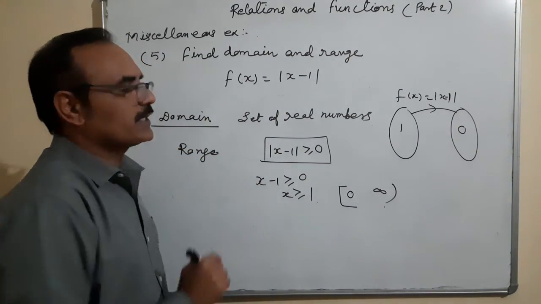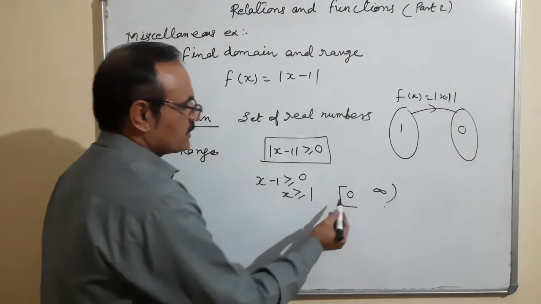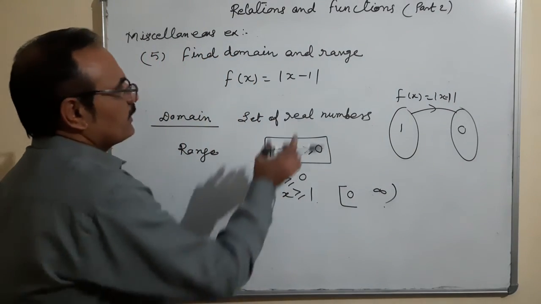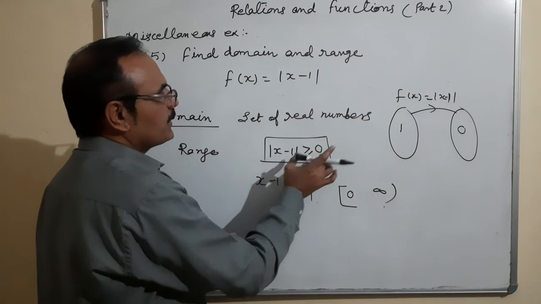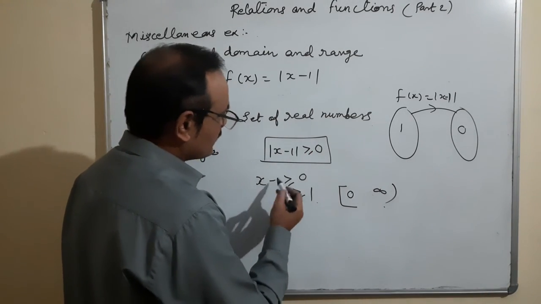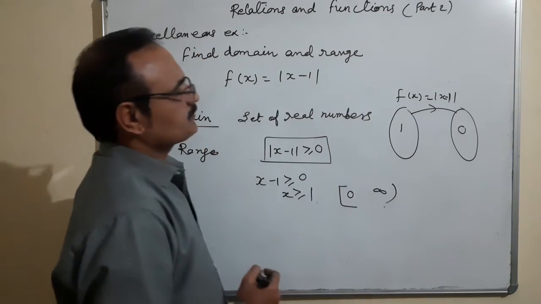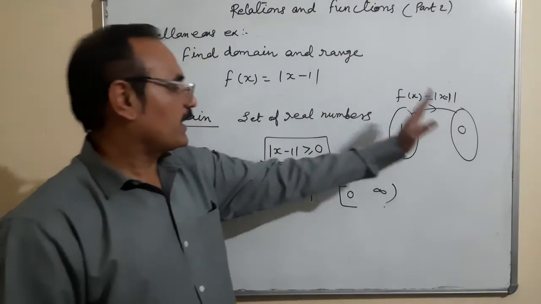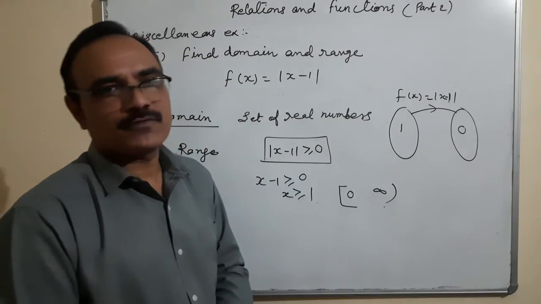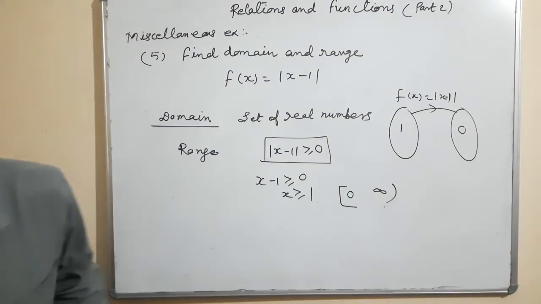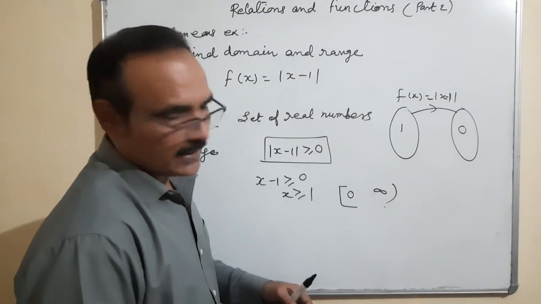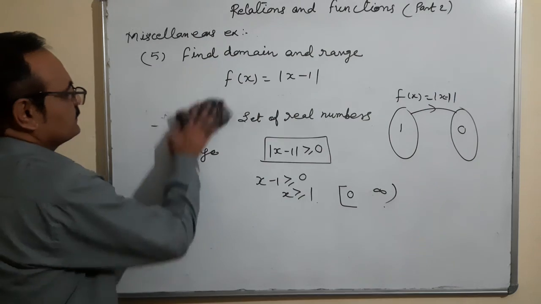That can be substituted here. The result is from 0 to infinite, because 0 is also a possible term. Actually it is a mod, so the modulus term will be greater or equal to 0. So the range is from 0 to infinite, because 0 can also be obtained from it. That's why I'm telling you, if there's a confusion, make a diagram and find out the values.